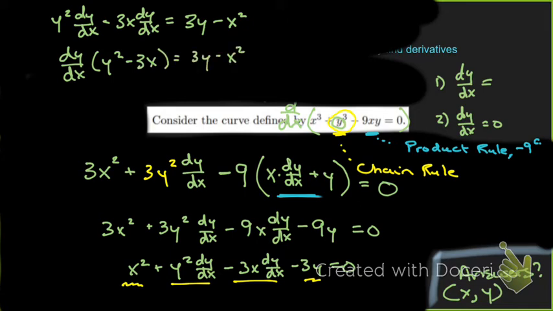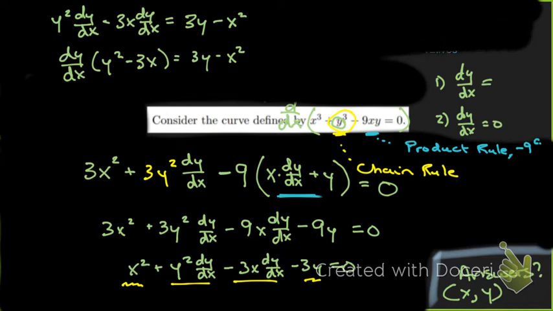And then we can just go ahead and divide, and we'll get what we wanted. dy dx equals 3y minus x squared all over y squared minus 3x.